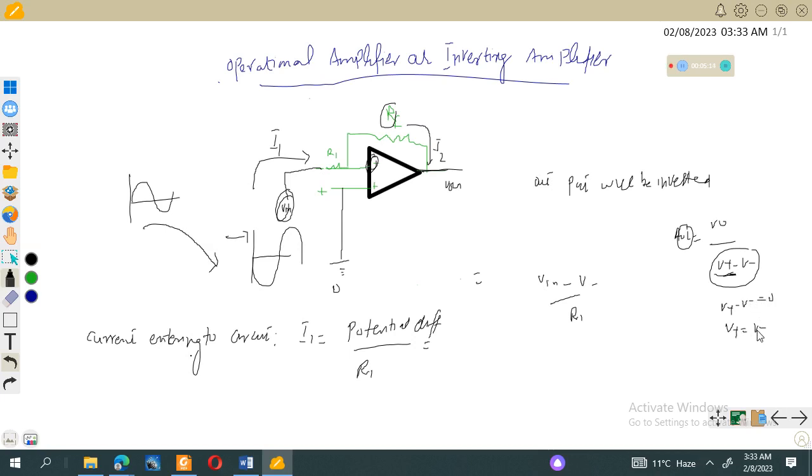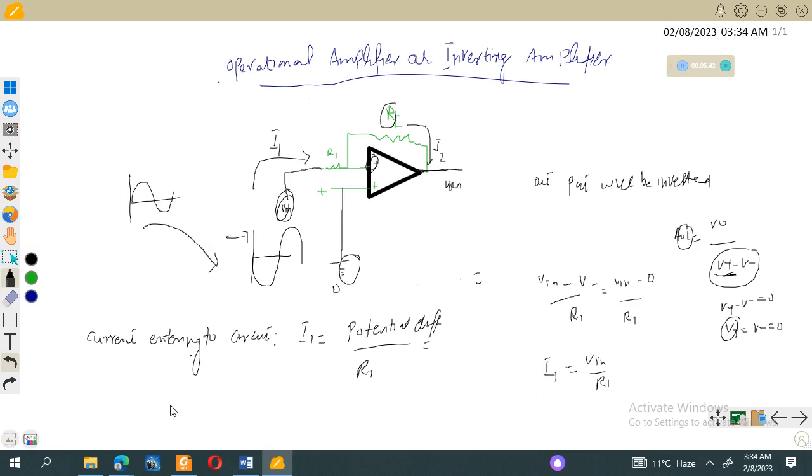So V plus is equal to V minus, which is equal to 0, because V plus is grounded, so its potential is 0. So V input minus V minus, where V minus equals 0, over R1, will be equal to V input divided by R1. This is the current entering the circuit.